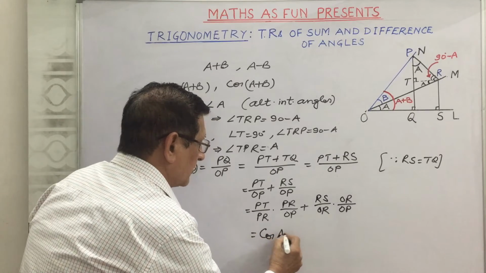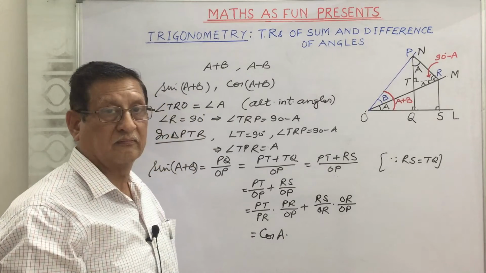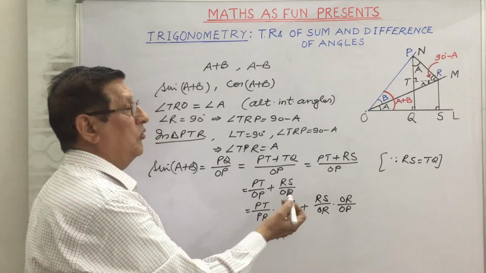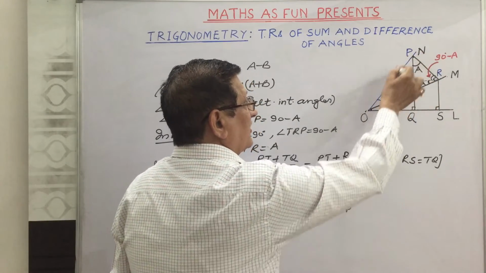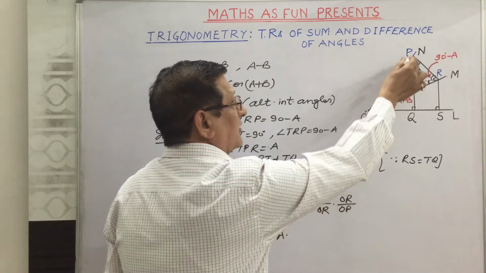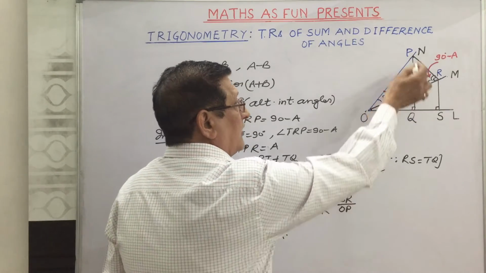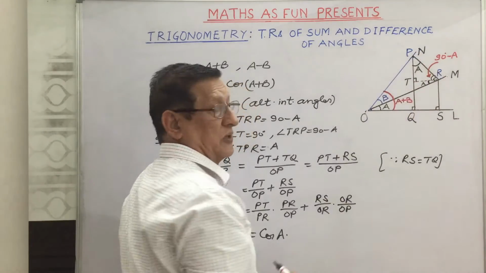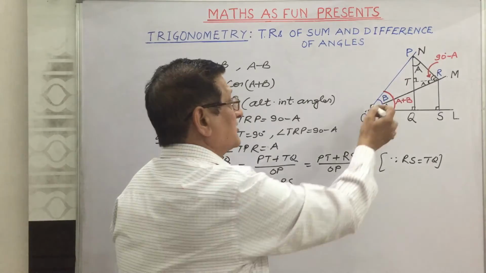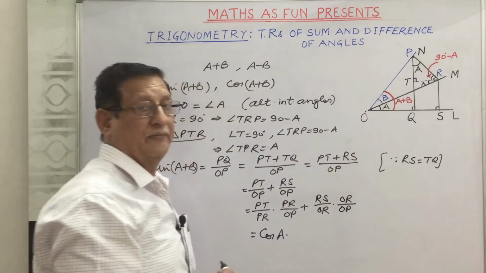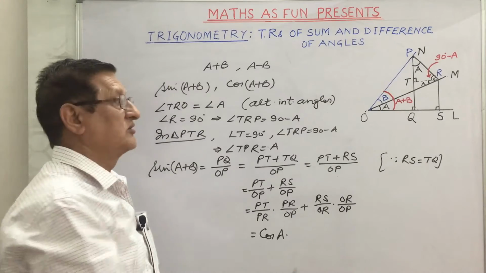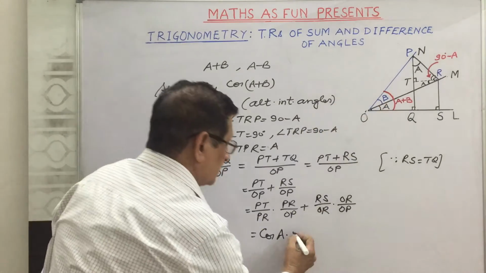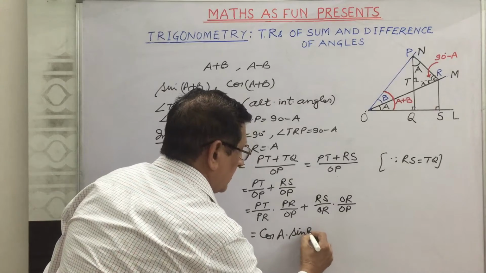So this will be cos of A. PR upon OP: PR and OP are in this particular triangle, and for angle B, PR is the perpendicular and OP is the hypotenuse. Perpendicular upon hypotenuse we know is sine, and sine for B. So this is sine of B.